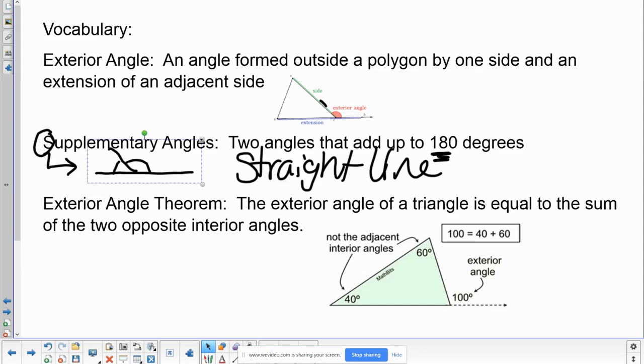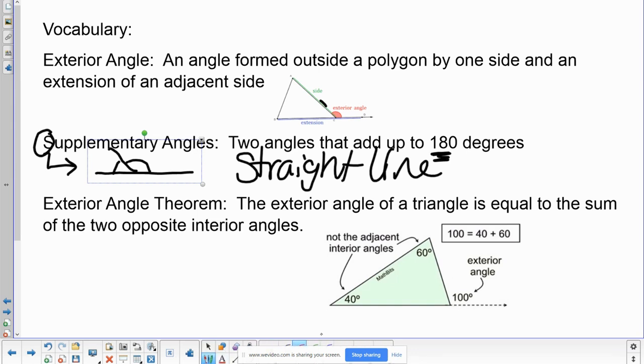The theorem we're going to look at is called the exterior angle theorem, and it states that an exterior angle of a triangle is equal to the sum of its two opposite interior angles. Let's break that down. Here's our side, here's our extension, and this is the exterior angle we're looking at.